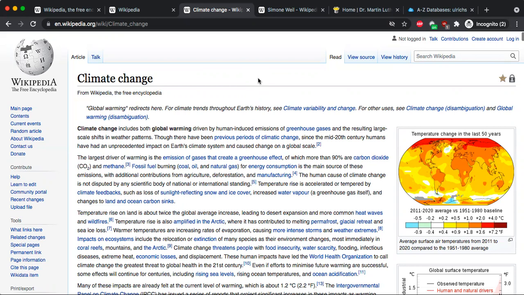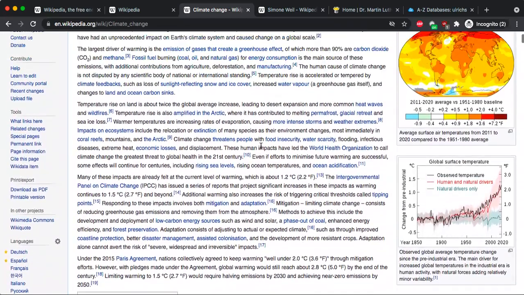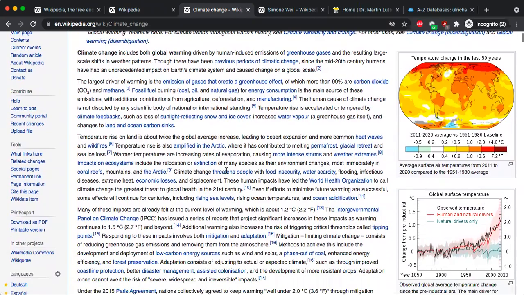So what I always recommend is that you simply start at the beginning. For example, my topic is climate change. Well, it's far too big of a topic for anyone, even the best researcher, to write about. This is a perfect way to make use of Wikipedia and see, okay, here I can see what it is all about. I'm getting a lot of information, a lot of links already.